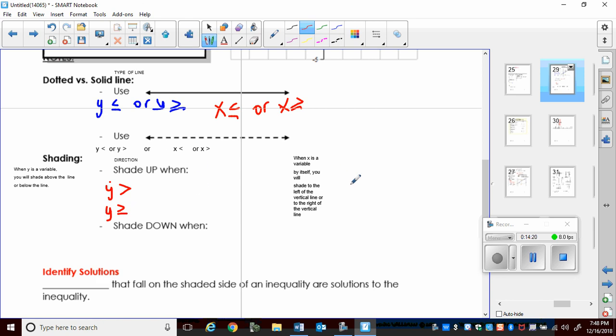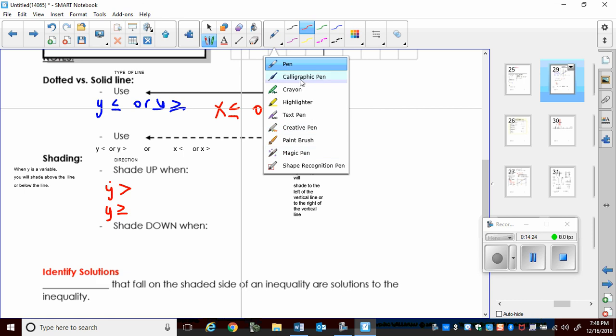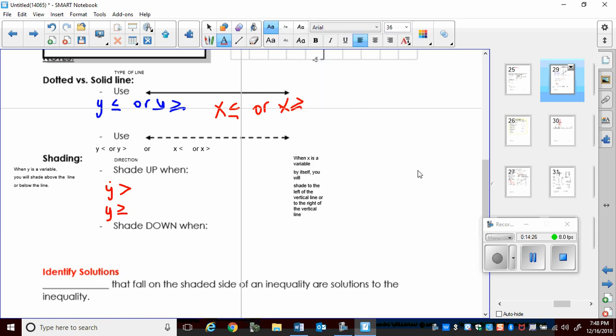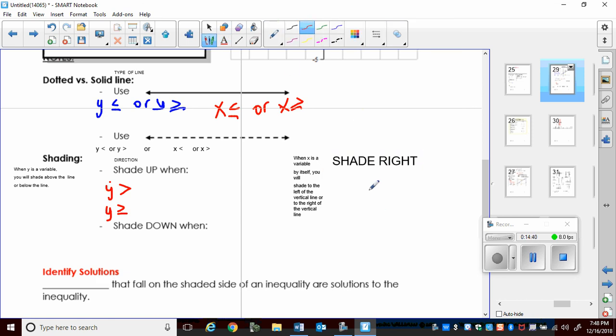Now, for when I'm working with my x variable, I shade right, in a positive direction, when x is greater than some number.